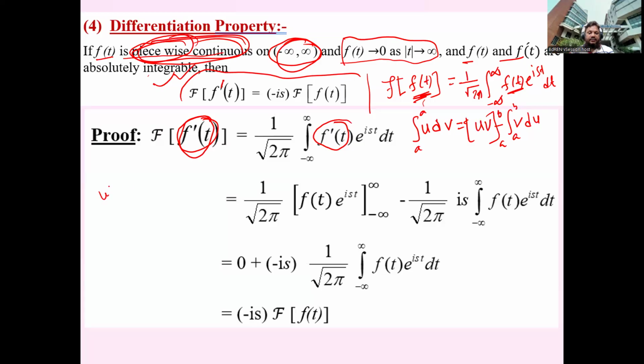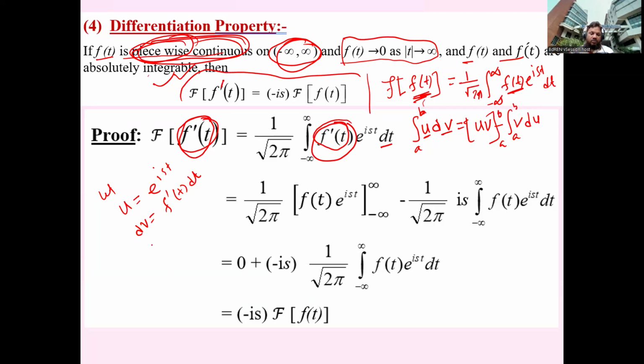Let u equal e to the power i s t, right? e to the power i s t as u. Then dv will be f prime t dt.